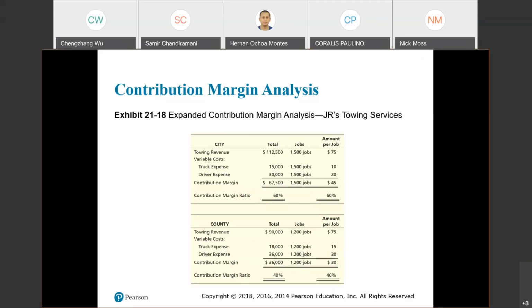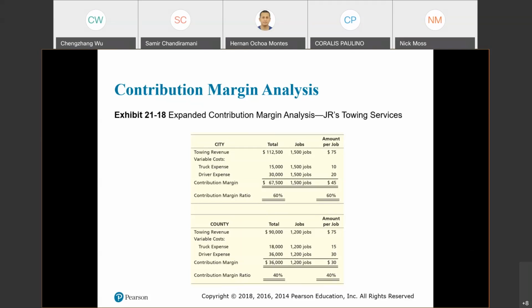But the interesting thing is that the company charges customers the same amount per job, $75. Based on this analysis, management should consider a different fee schedule for jobs outside the city limits.